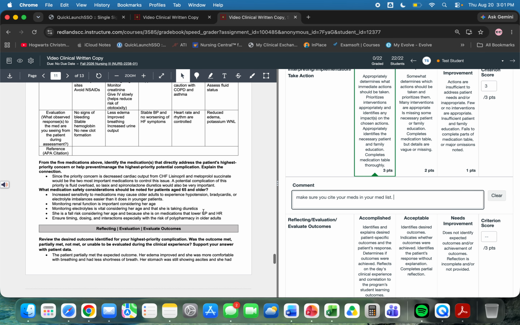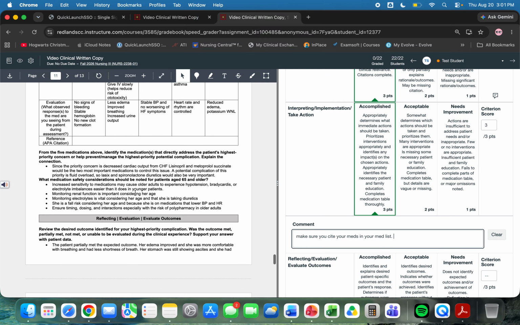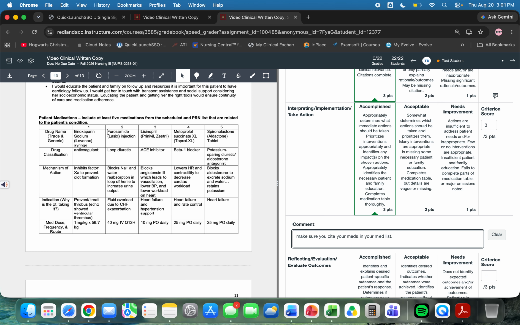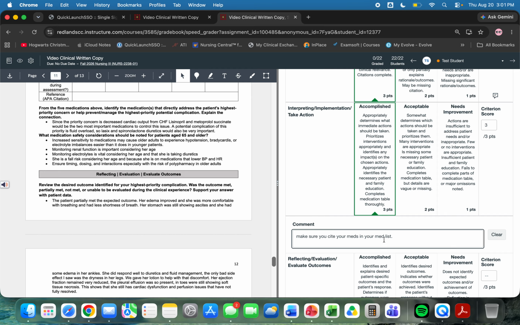So the last part of this grading section is going to be, from the meds above that you listed, what's your priority, okay? She puts lisinopril and metoprolol. I'm going to look back up here and honestly probably say Lasix is her priority. I know that's kind of hard sometimes with where they're at in the program and understanding what those meds do and what they're for clinically.